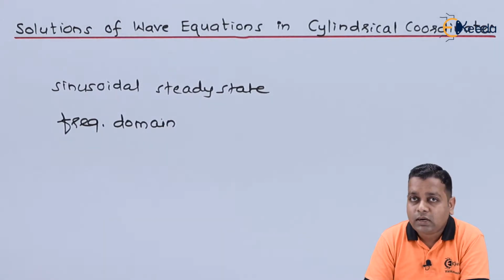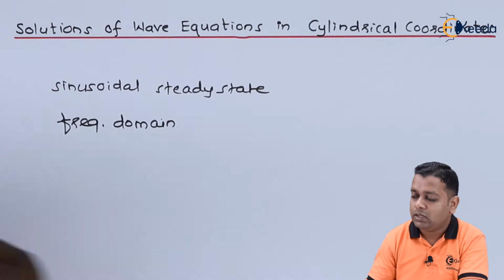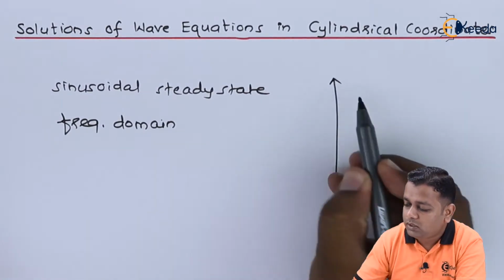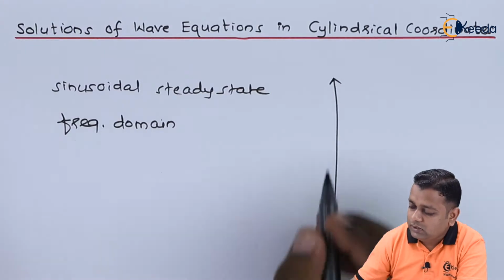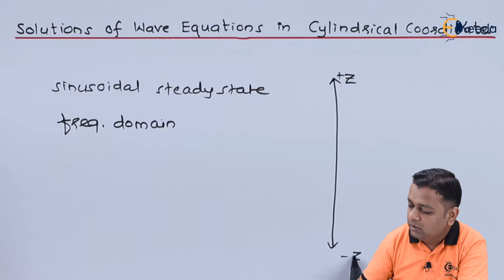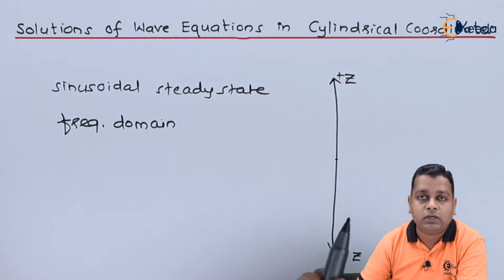For understanding the cylindrical coordinates, we shall have the orientations with the help of only one axis, the z axis. So we assume the z axis is upright, oriented vertically here. This is the positive z direction, whereas this is the negative z direction, and this is the center that we can call the origin.